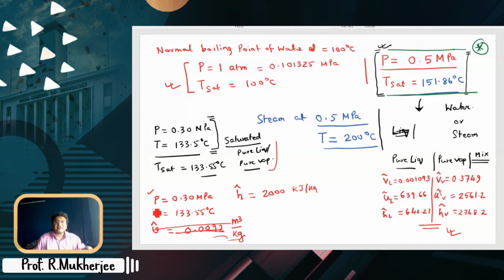These are the three data given. Any comments? Yes, we can calculate now. We assume x is the fraction of the liquid and 1 minus x is the fraction of the vapor, right? So is the problem statement clear to all?